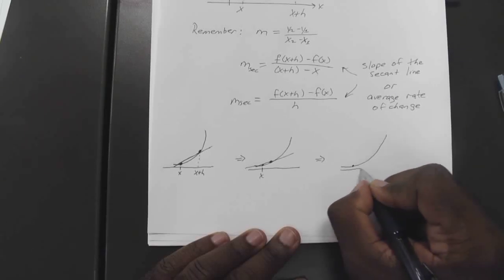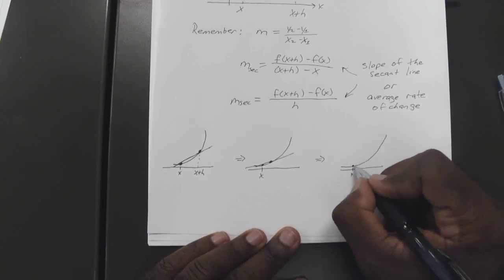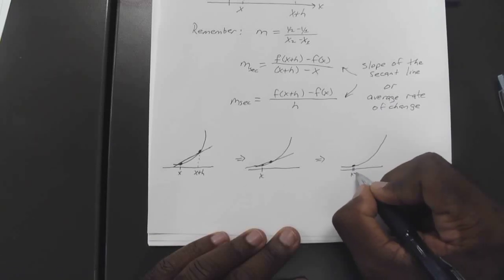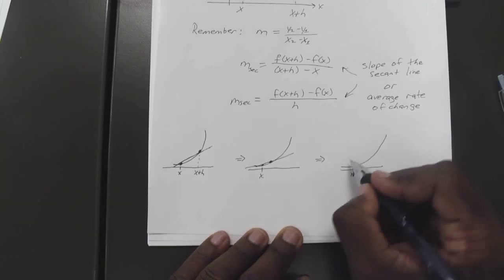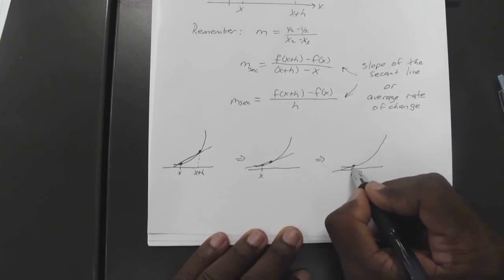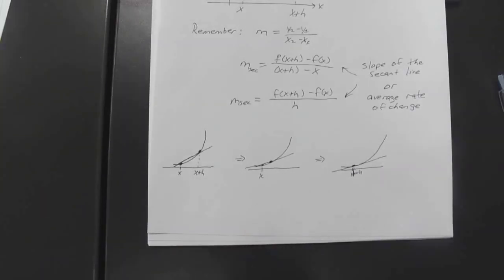If your x and your x plus h are almost at the same spot, then you can kind of estimate your instantaneous rate of change, because the distance is so small that you can pretty much predict what the rate of change is.